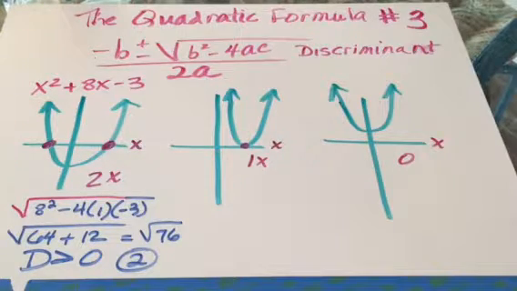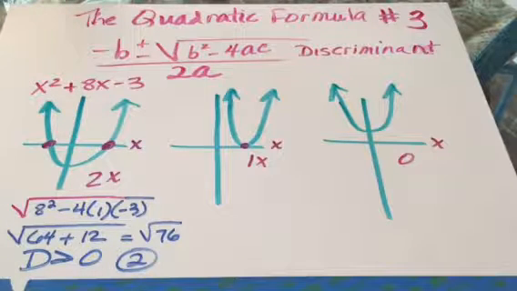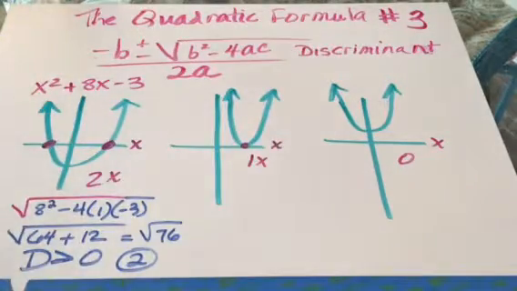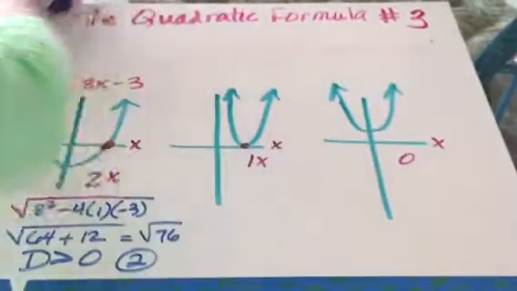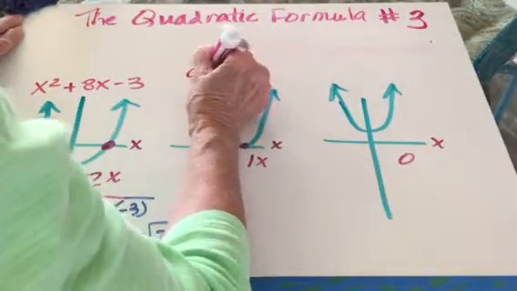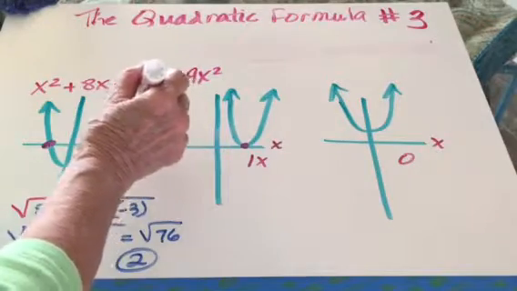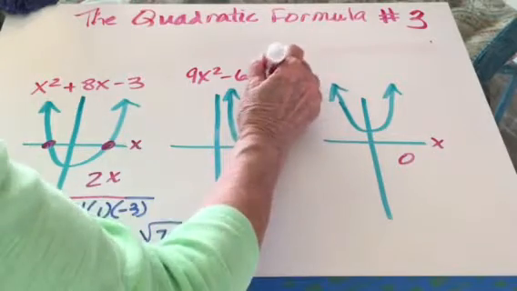All right? Let me give you one here. Let's say my formula is 9x squared minus 6x plus 1.